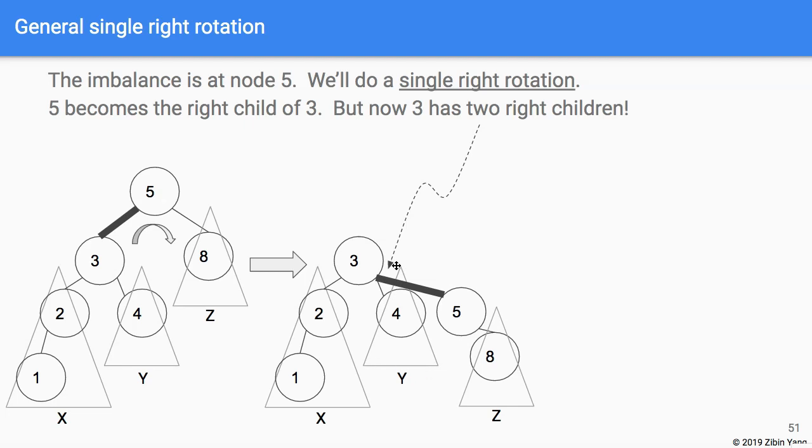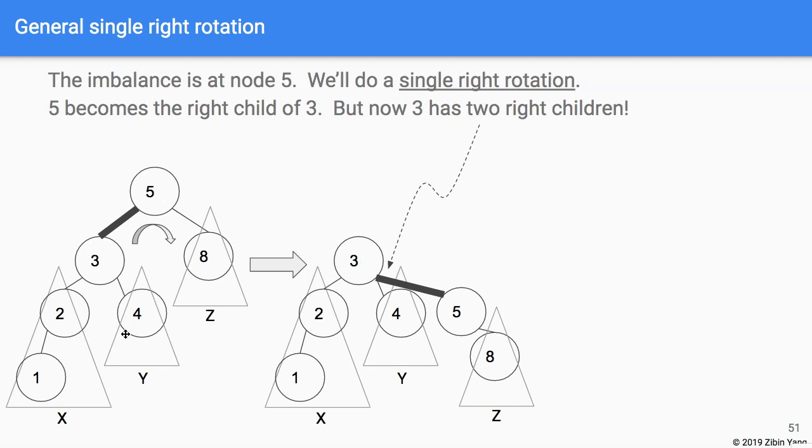So how do we fix that? That's not good, right? That's no longer a BST. Now, in order to fix that, we have to observe what the relationship was between subtree y, and 3 and 5.